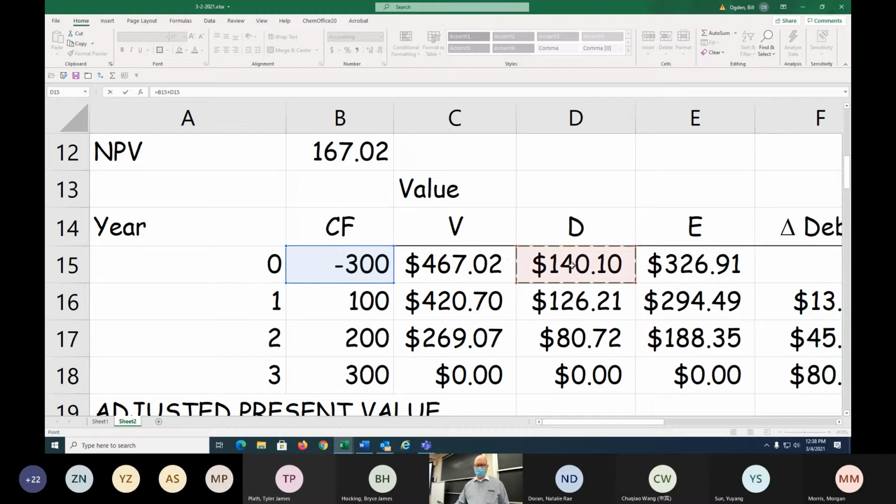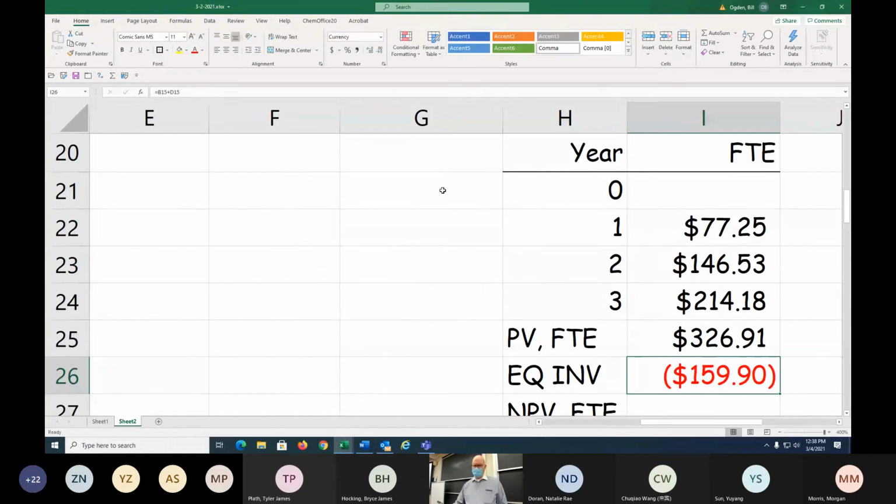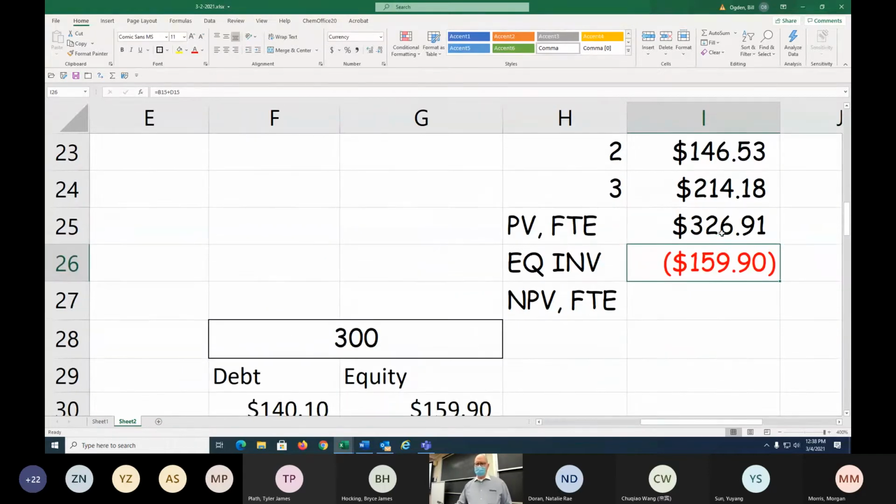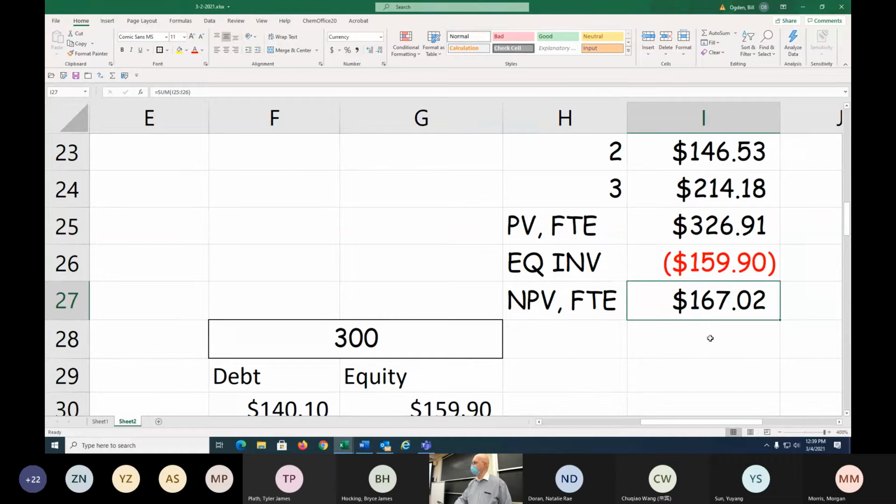So I'm just going to add these two together, which is what we just did. And then the NPV of the equity investment would be 167.02. Is that a familiar number?